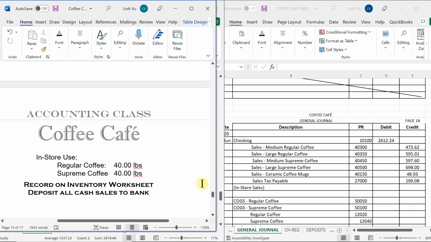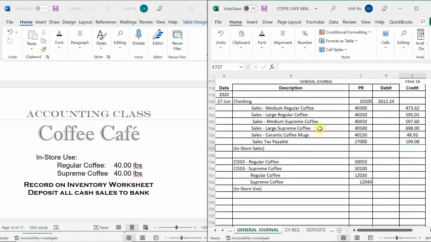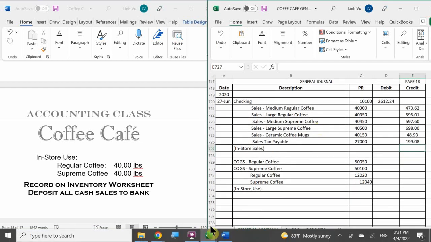Okay. So for the coffee sales, we end up using 40 pounds of each coffee, right? 40 pounds for regular and 40 pounds for the supreme coffee. So in this case, we need to update my inventory.